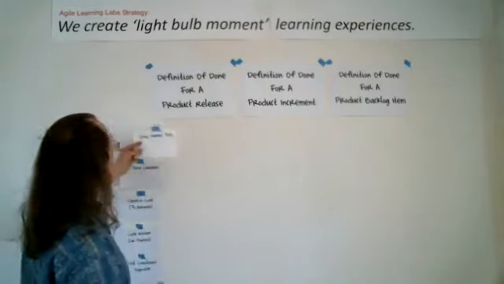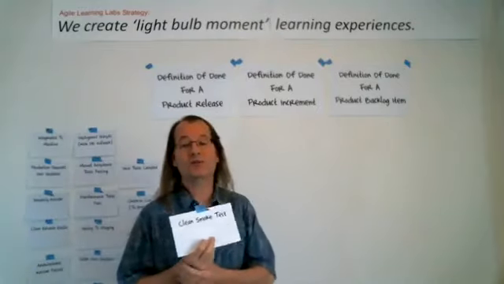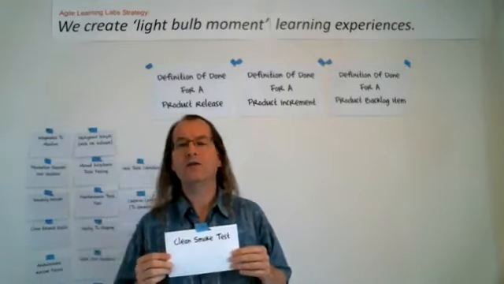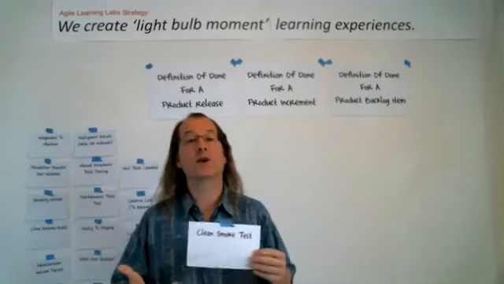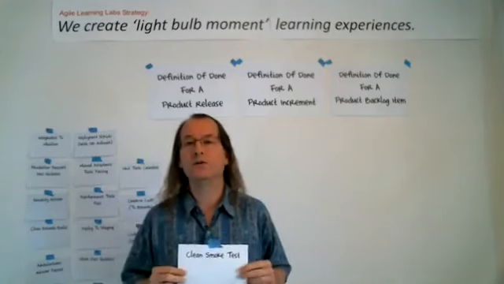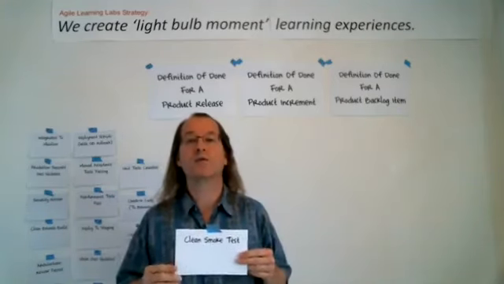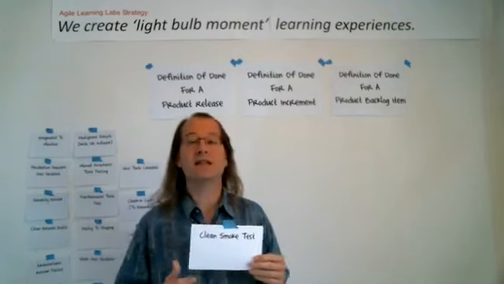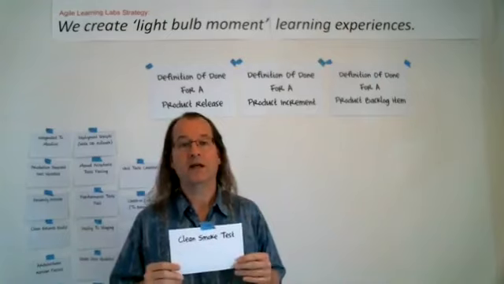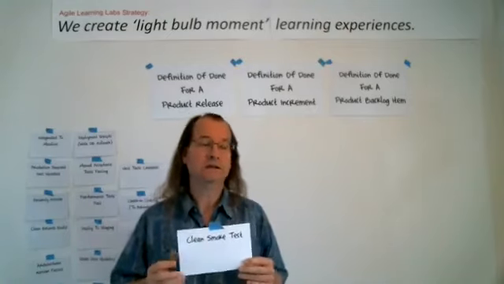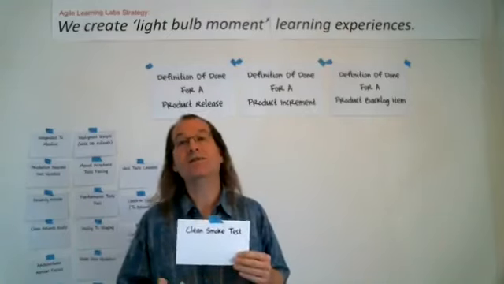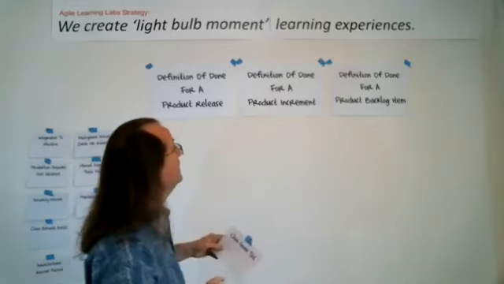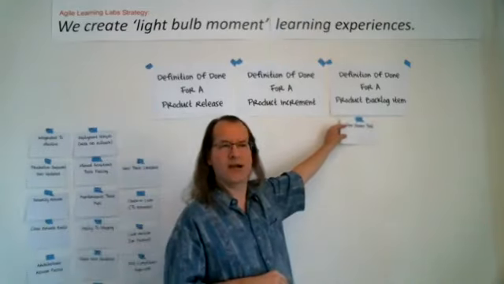So clean smoke tests. Smoke tests are usually a subset of the regression tests. Usually they include all the unit tests and maybe a subset of the regression tests. And they say, well, what would it take for us to do a clean set of smoke tests? How often could we do that? And they say, well, ours aren't automated, so we have to do these manually. So could we do it for every product backlog item?